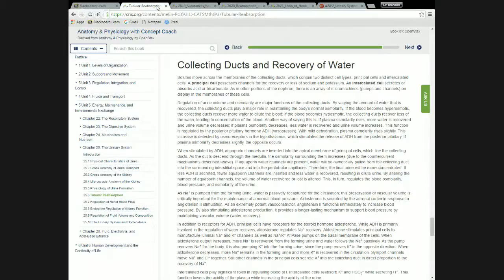But then when it gets to the collecting duct, antidiuretic hormone will cause the cells in the wall of the collecting duct to produce and incorporate specific channels for water molecules so that water can come out of the urine very easily. Now those channels are called aquaporin, which literally means water channel. Channel, pore, aqua, water.